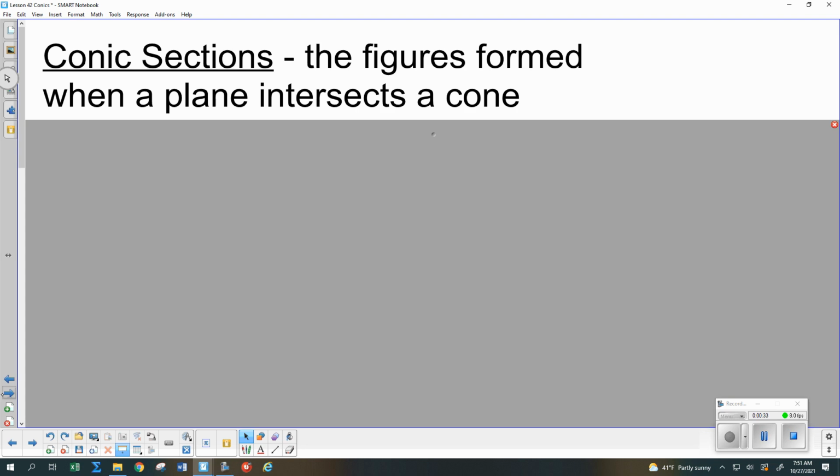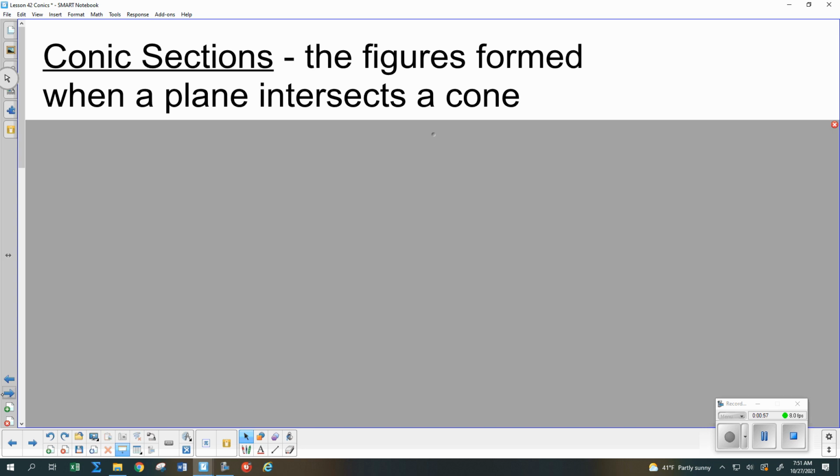So first, the definitions with some pictures for you. It's not necessary to get all of the words down on all of this, but conic sections are what you get when you take a double cone, which really means one of them turns like this and one of them tip to tip, so on top of each other like this.